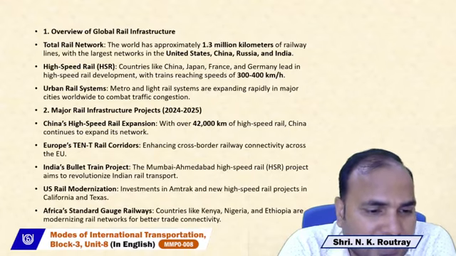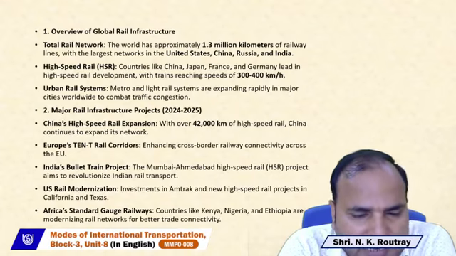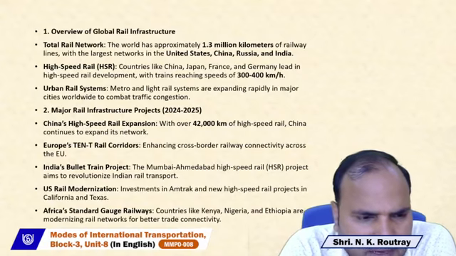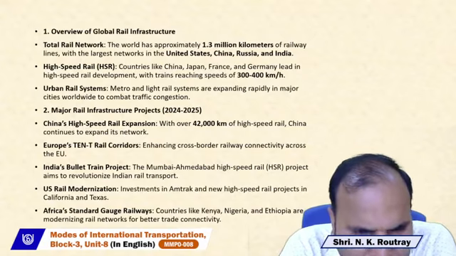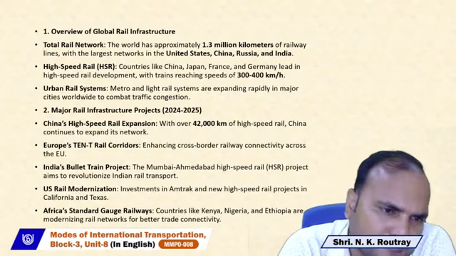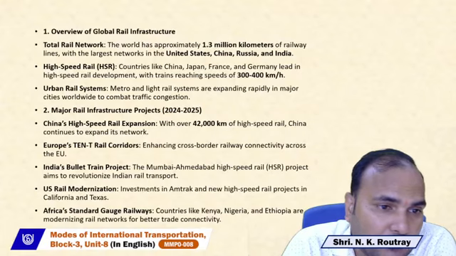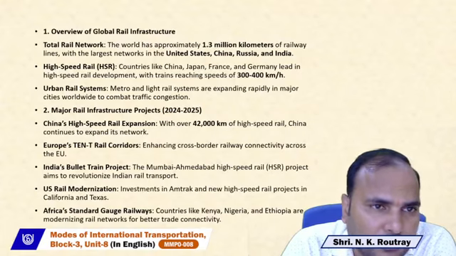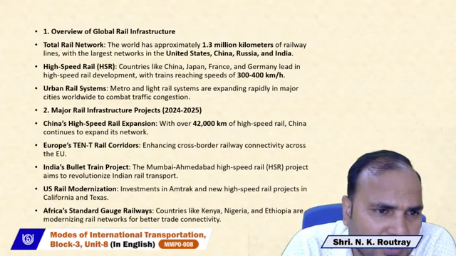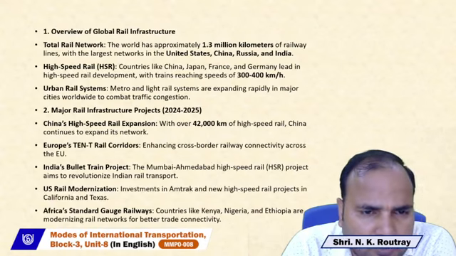Another is Africa's standard gauge railways. Countries like Kenya, Nigeria, Ethiopia are modernizing rail networks for better trade connectivity. This is the overview of the global rail infrastructure and major rail infrastructure projects in 2024-25.